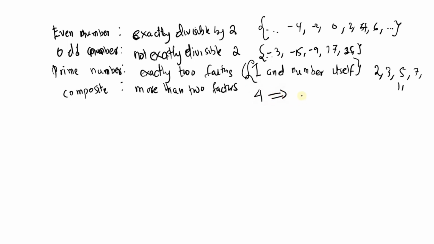Why 4? 4 has the factors 1, 2, and 4. It has 3 factors, so it has more than 2, and it's a composite number. We have 6, 8, 9, 10, and so on. All these are composite numbers.